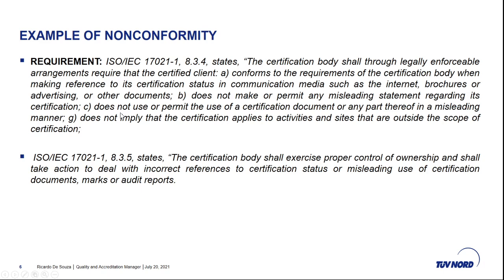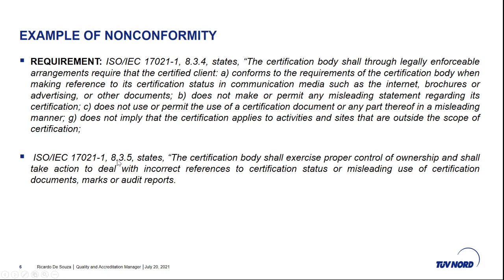We should not let the customer use or permit the use of a certification document or any part thereof in a misleading manner. And the way they use the certification shall not imply that the certification applied to activities and sites that are outside the scope of certification.